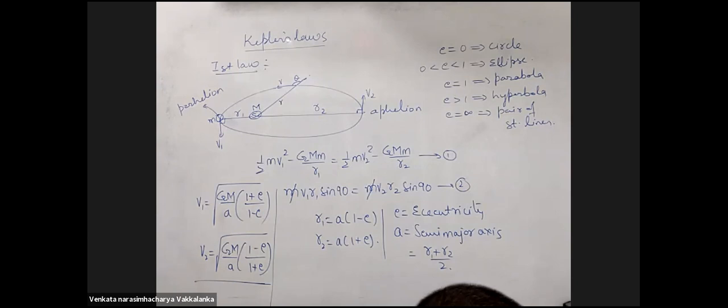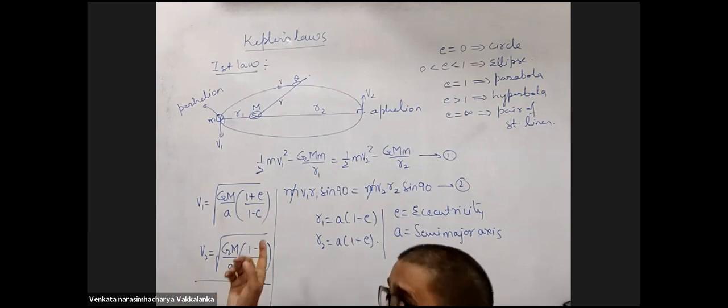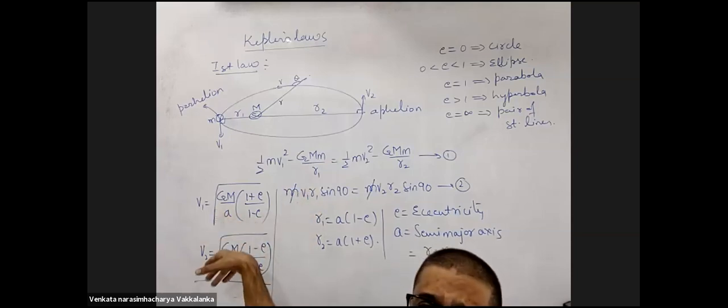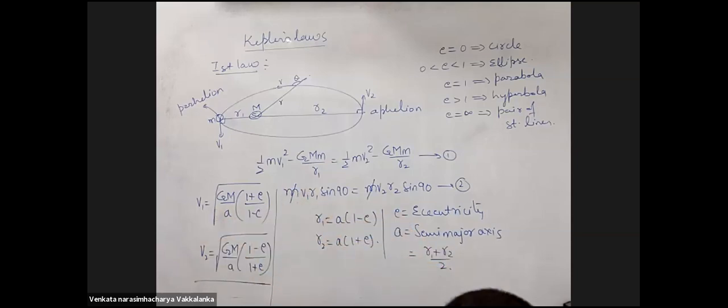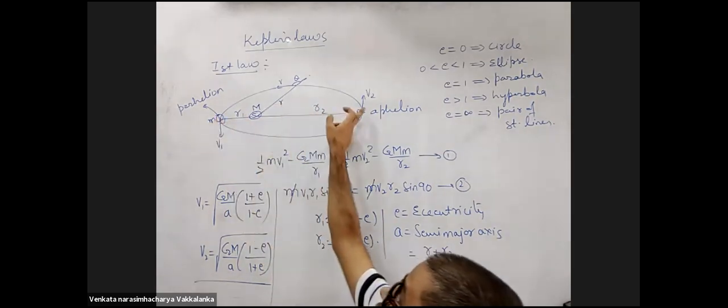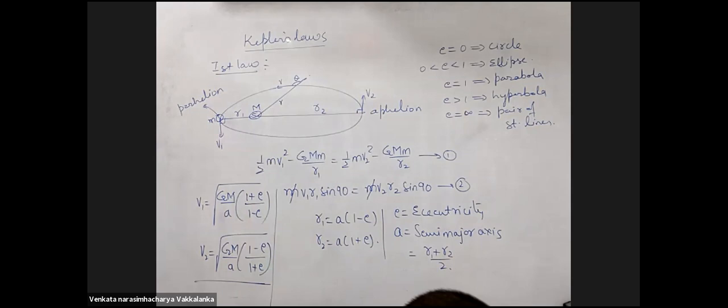So we have to remember these values. Basically, remember the concept and the expressions for V1 and V2. Okay, sir. So how did you find V1 greater than V2? V1 R1 is equal to V2 R2. If R is lesser, V will be greater between these two points. Okay, thank you, sir.